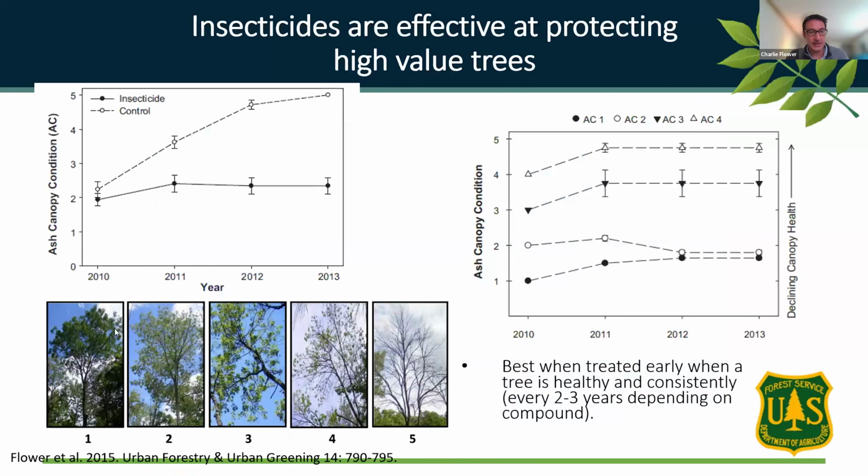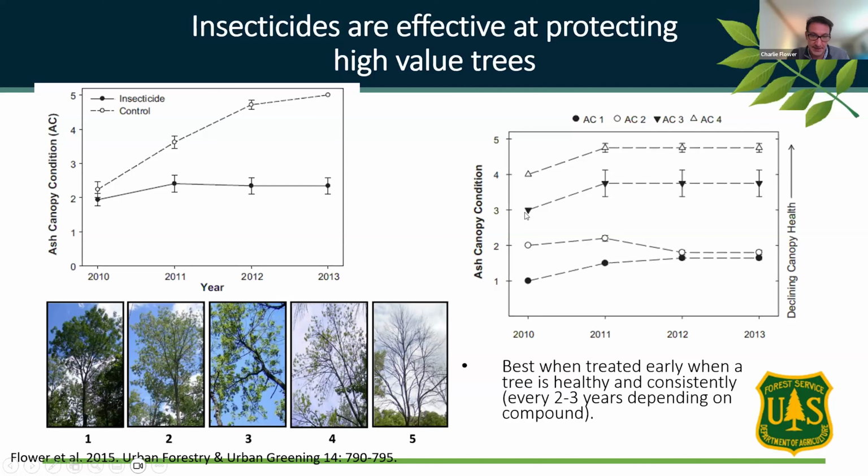So we ran a really quick study here in Columbus where we deployed insecticides to control. It was actually a subset of a larger experiment to control emerald ash borer at the tree level. And basically, what we found there supports those suggestions: in these trees that start in ash canopy condition 4, so pretty heavily impacted, most of them die. Almost all of them die.